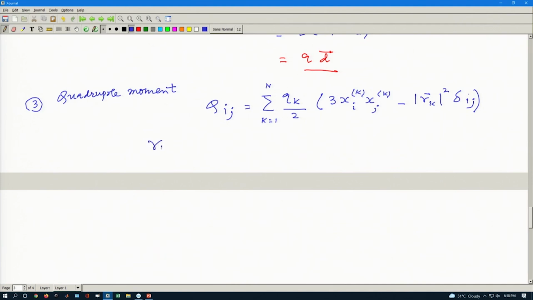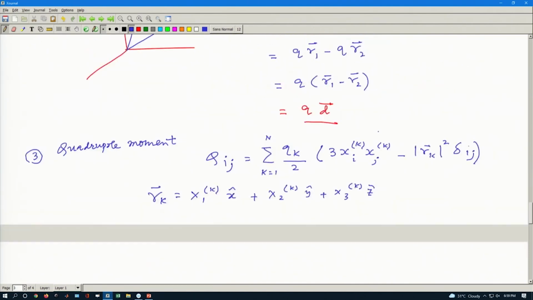So, r_k is defined like x_1k x unit vector plus x_2k y unit vector plus x_3k z unit vector. This is the way it is defined.